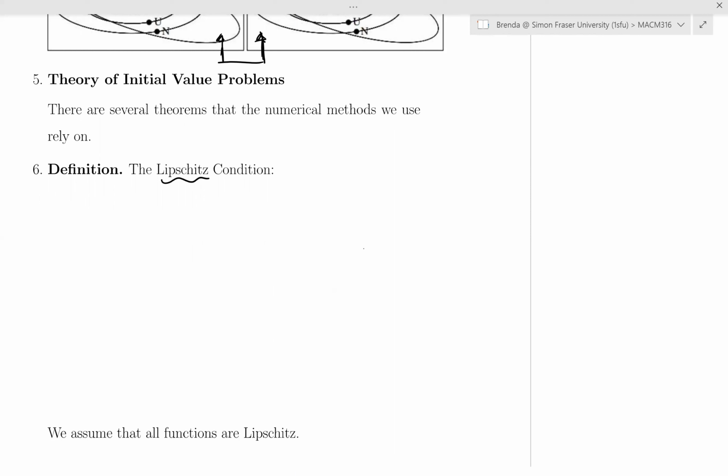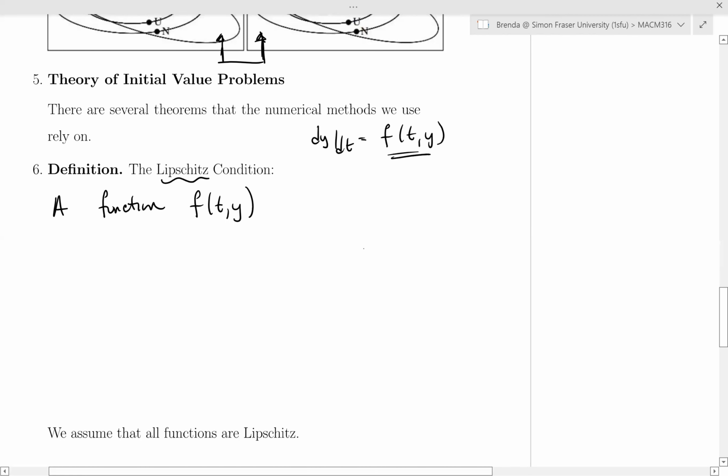Let me just tell you what this condition is. We have a function of two variables. You can see why it's set up like this, because that's going to be our dy/dt equal to f(t, y). So we're talking about this function here. That's what we're interested in understanding, some characteristics of that function.